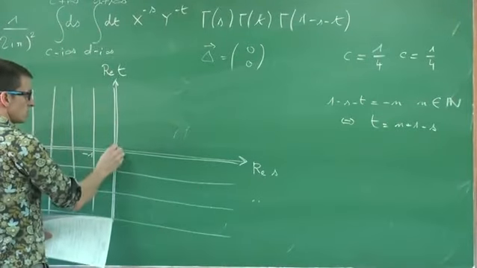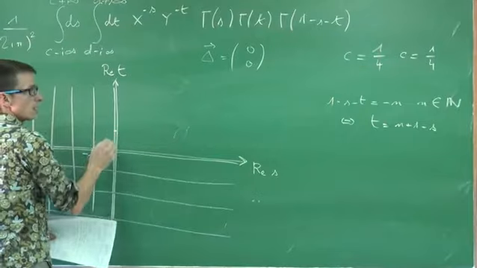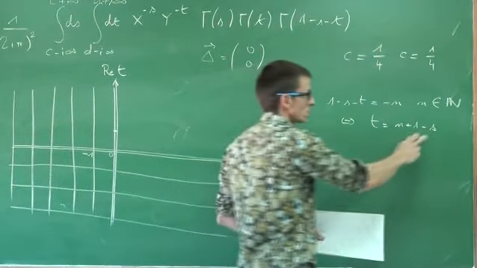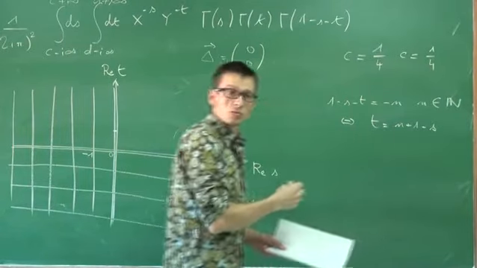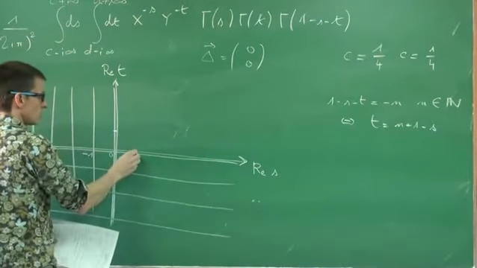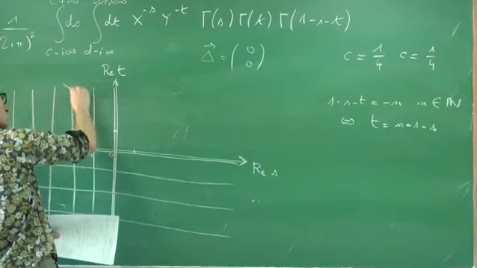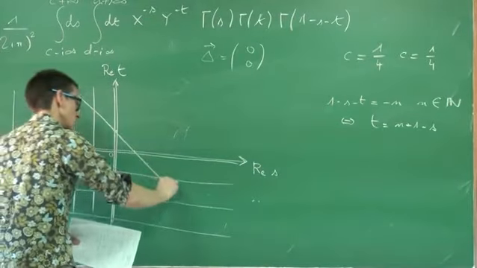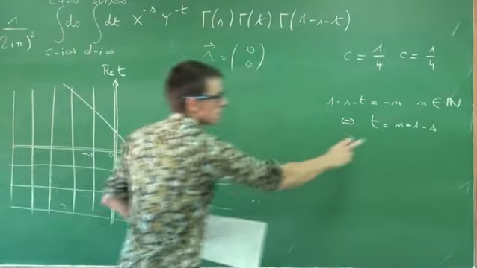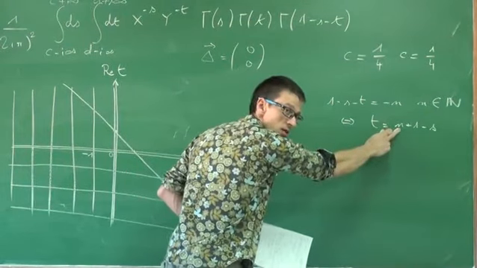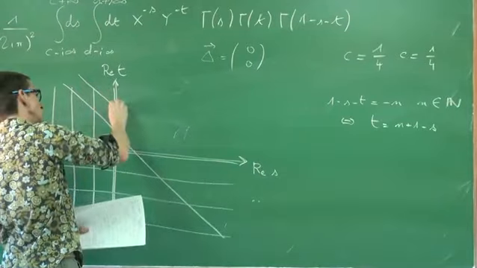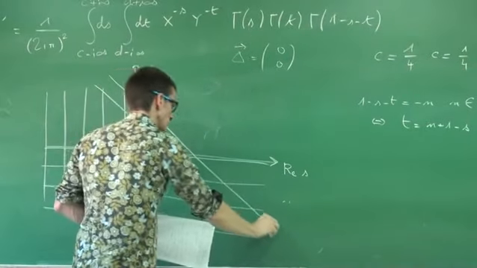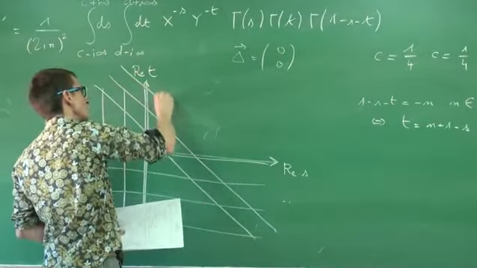S equals 0, t is 1. When s equals 1, in case n equals 0, t equals 0. Okay, so this is 0. So we have a straight line like this. And in the n equals 1 case, the straight line is like this. Okay, etc., etc., etc.